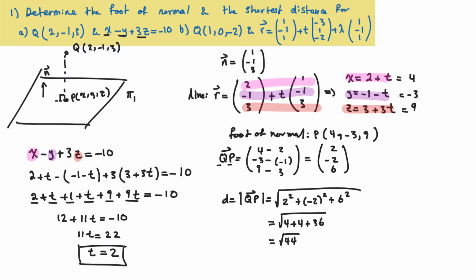This can be broken down into root 4 times root 11, or 2 root 11, and that is going to be our shortest distance from point Q to the plane. I forgot to write my units here, so I will include that as well. You could have also used the equation for the shortest distance, and it would give us the exact same answer.